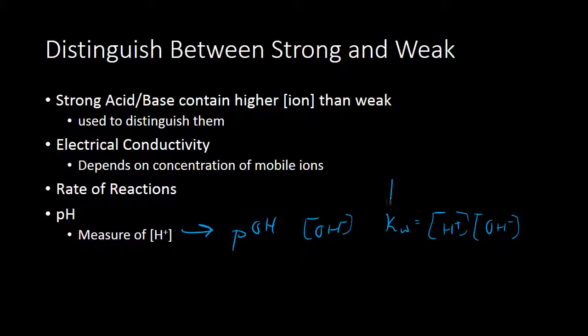So since we have this equation, even if we're working with a base, you can still figure out that hydroxide ion concentration. And that's going to give you a direct comparison of strength based off your concentration values. But remember, hydrogen ion concentration is not the same thing as the concentration of the solution you made, because you could have a 1 molar solution of HCl and CH3COOH, but they're not going to have the same hydrogen ion concentrations because they dissociate differently.